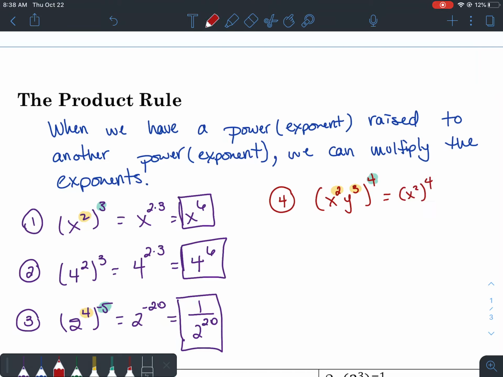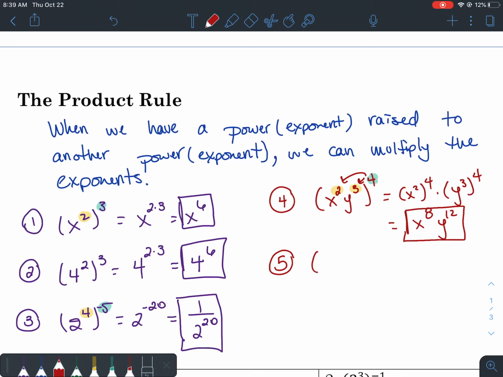So x squared is also raised to the 4th times y cubed is also raised to the 4th. So then you're left with x to the 8th because 2 times 4 is 8, and y to the 12th because 3 times 4 is 12. So that outside exponent multiplies to both of them, right? And this is only when it's a power to a power. We can't mix these up.